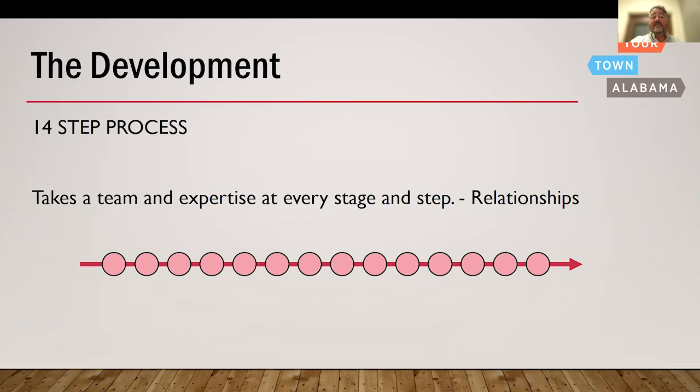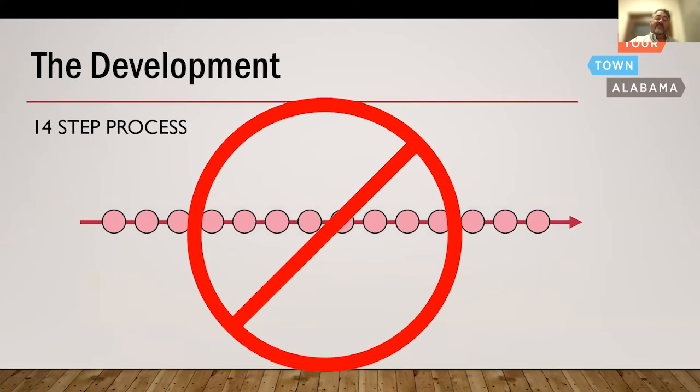Now, 14 steps is a lot, and we'll share those in a minute. But as we talk about development, it's easy to imagine the process as linear: do this, then you can do that, and then you can do the next thing. And the truth is, it doesn't work like that. It's not a linear process. It's not that straightforward. And it's not about checking boxes. We just talked about how many people we're pulling into a process, how many different variables we're trying to solve, and the timing it takes.